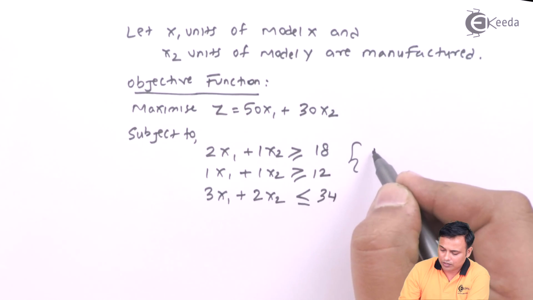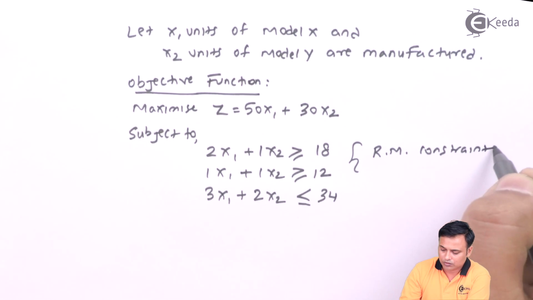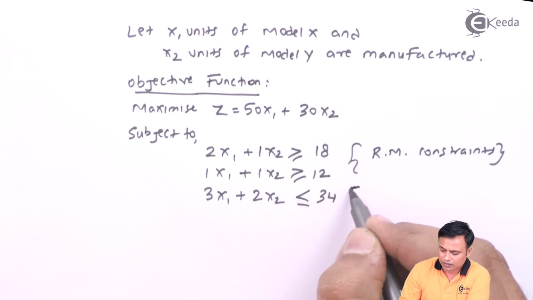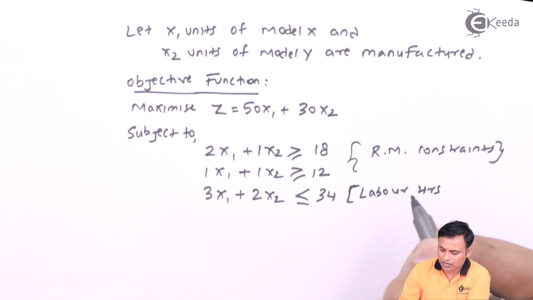These two are my raw material constraints. This is my labor hours constraint.